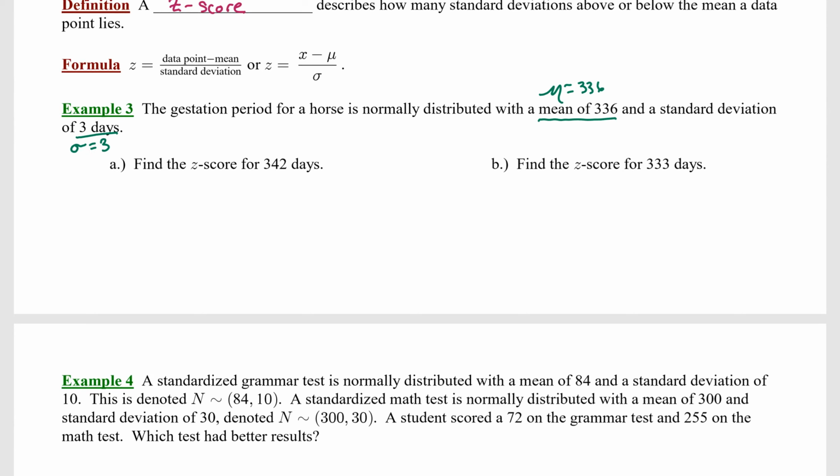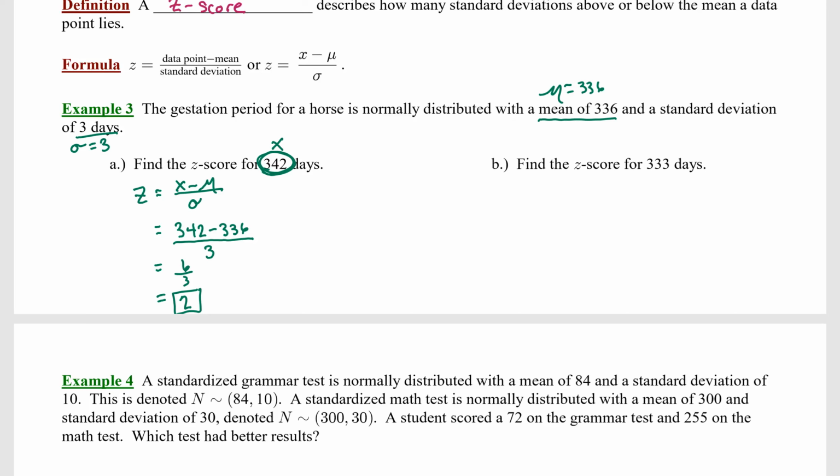Now, we want to find the z-score for 342 days. So the z-score is going to be our data point, 342, minus the mean, divided by the standard deviation. So we take 342, subtract 336, and divide by the standard deviation of 3. We end up with 6 divided by 3, or 2. So this means that 342 is 2 standard deviations above the mean.